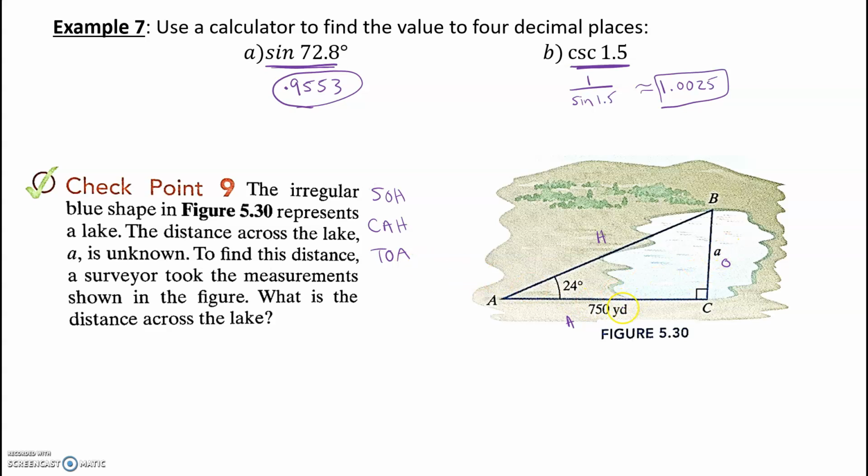So we're given adjacent, and we need the opposite. So opposite and adjacent, I'm using tangent. We don't need the hypotenuse, we don't care about it, so we're definitely not using sine or cosine.